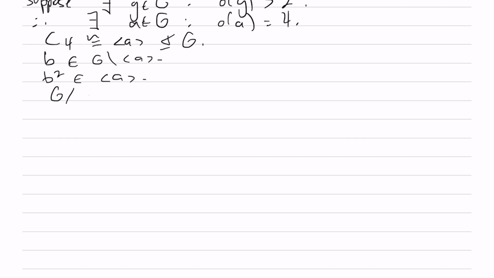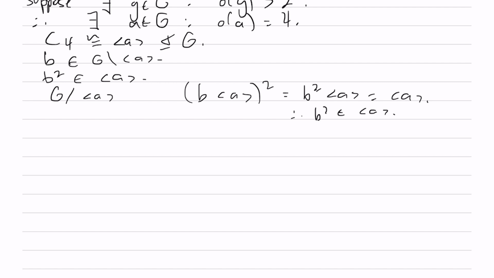Well, the quotient group here is a cyclic group of order 2, so if we consider the element B times the subgroup in the quotient group, its square is going to have to be B squared times the subgroup, which is also going to have to be the identity coset. Therefore, B squared is in the cyclic subgroup generated by A. So that's the reason why we introduce this.